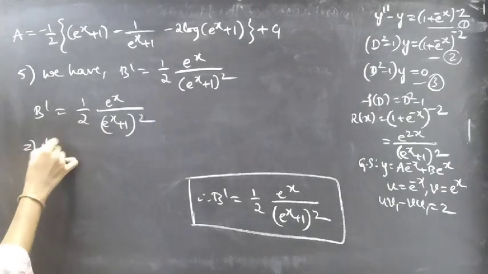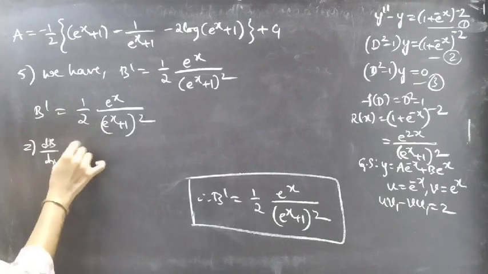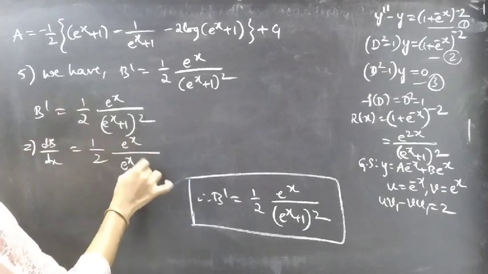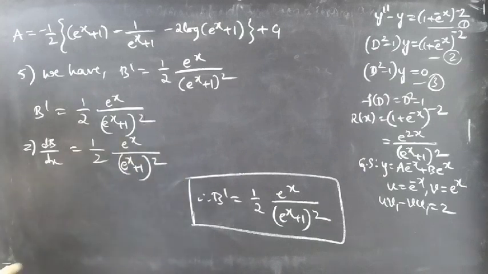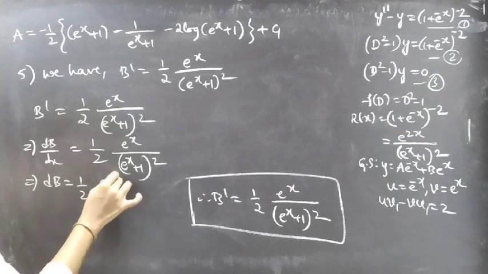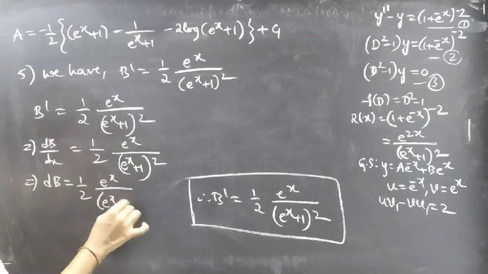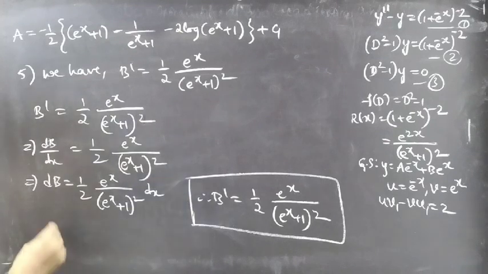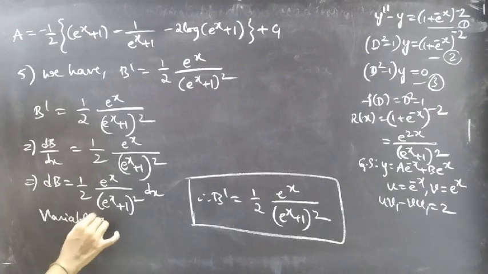B dash is nothing but the derivative of b with respect to x, equal to 1 by 2 e power x by e power x plus 1 whole square. Let's now separate the variables by taking differential dx to the RHS. Then we'll get db equal to 1 by 2 e power x by e power x plus 1 whole square into dx. Here the variables are separable, so we can perform integration.